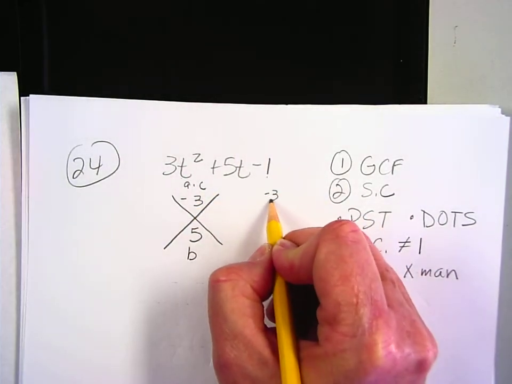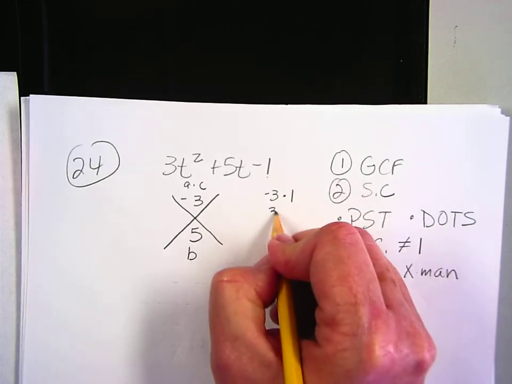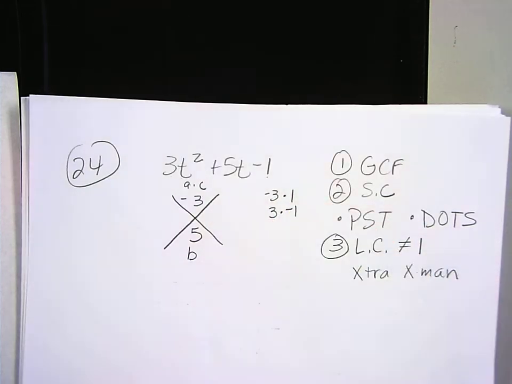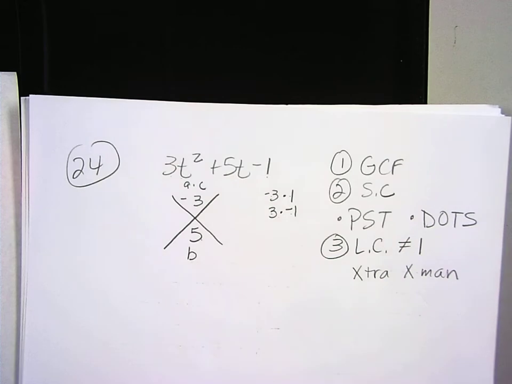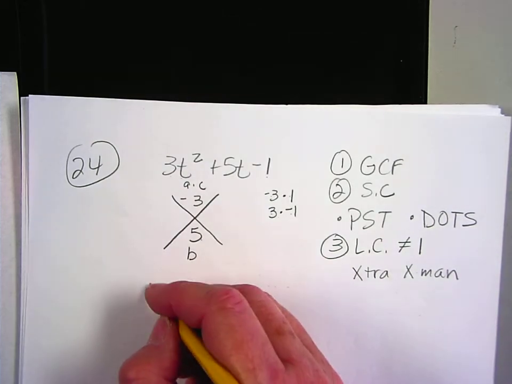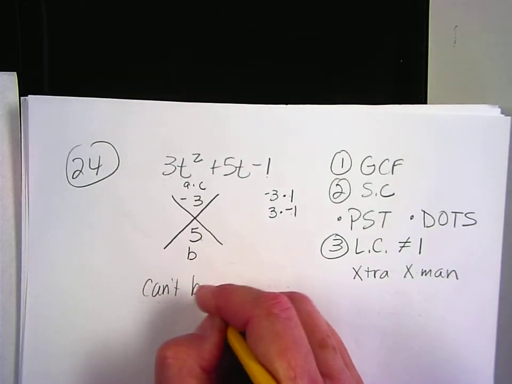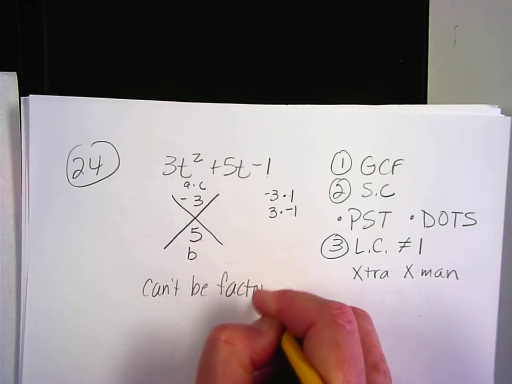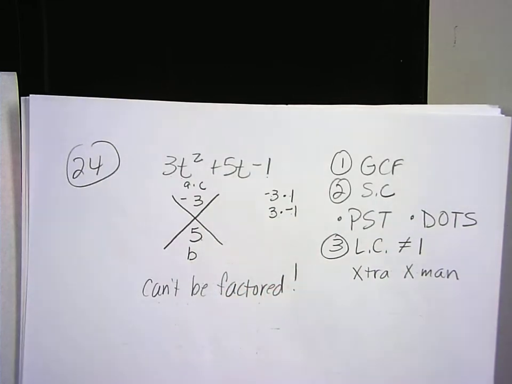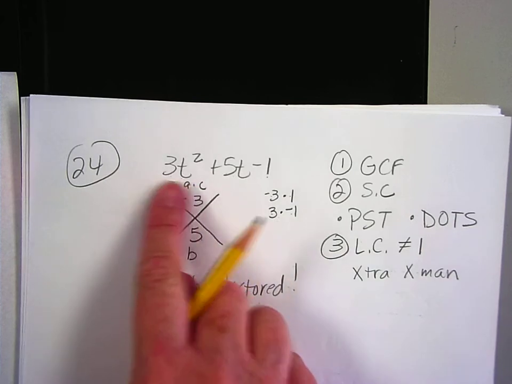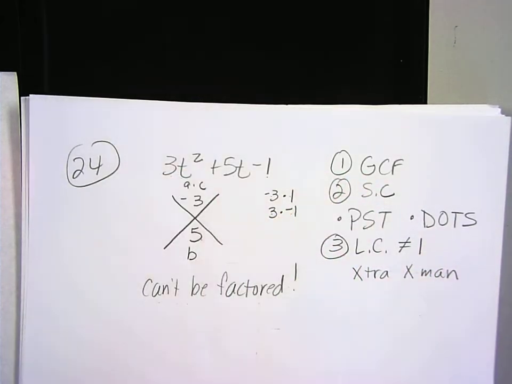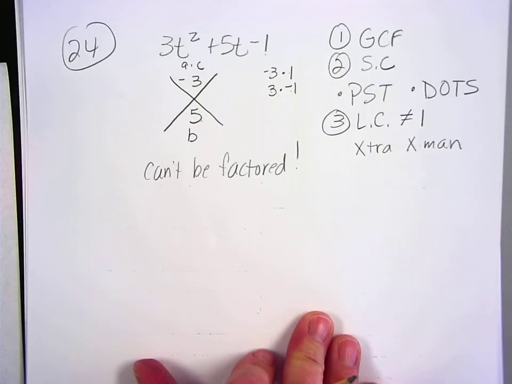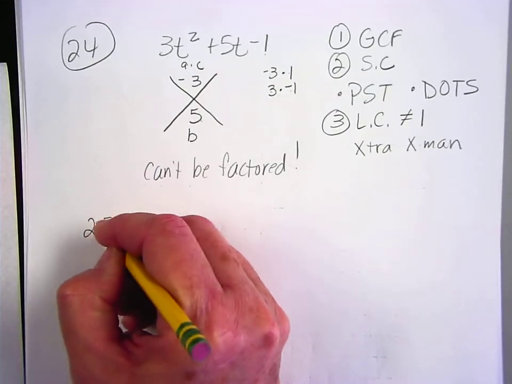I guess I could get -3 times 1, or I could get +3 times -1. That's the only way to make -3 when I'm multiplying, and neither of these combined is going to equal 5. So guess what? This can't be factored. We're done. Because X-man's not going to work because this is not 1. We tried everything else. This little baby can't be factored. And remember, some are not factorable.